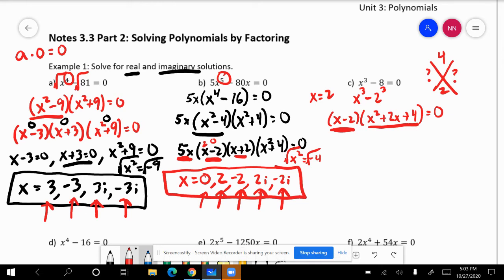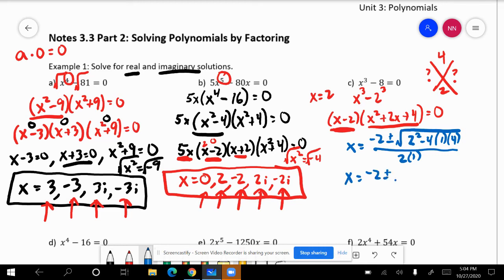So we're going to go x equals negative b plus or minus the square root of b squared minus 4 times a times c, all over 2a. That gives us negative 2 plus or minus the square root of 4 minus 16 over 2. 4 minus 16 is negative 12. And negative 12 simplifies to plus or minus 2i square root of 3.